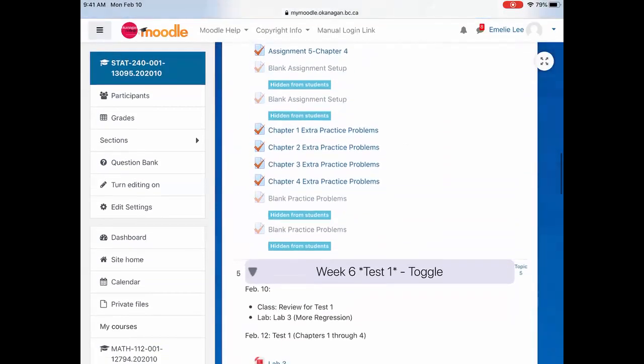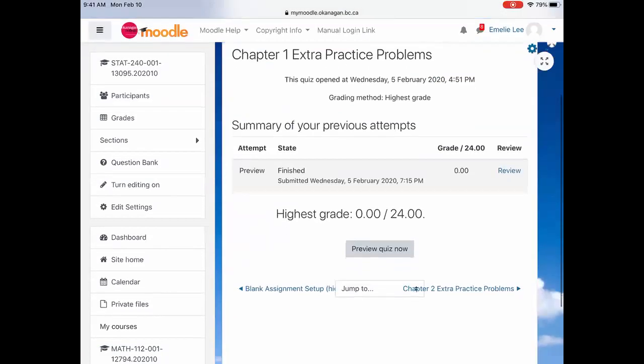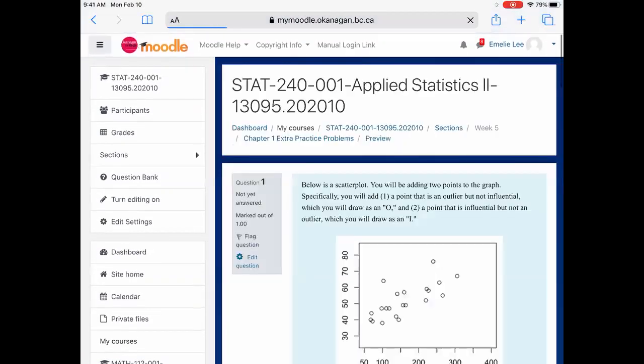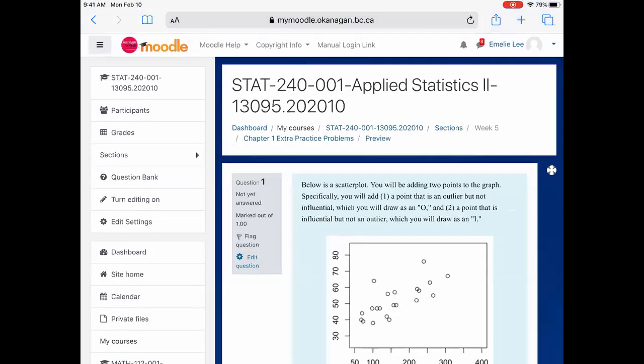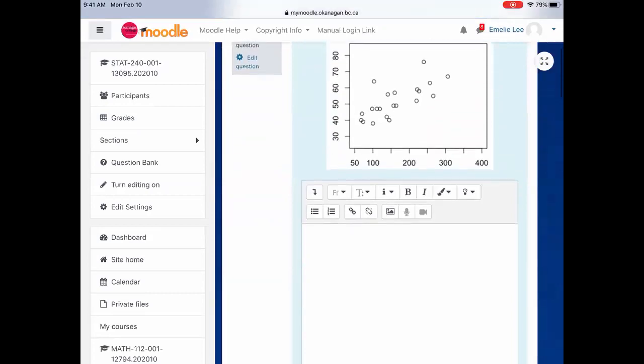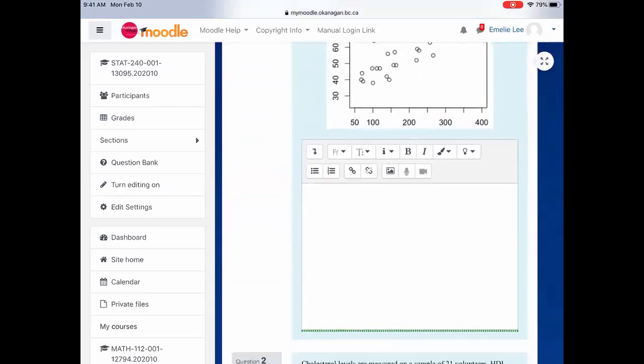the extra practice problems, say for chapter 1, this one, it says it's out of 24, there's just 24 questions. And so you can just try them, do them, see what happens. Here, and on the quiz too, there will be some of these boxes where you type in your answer and then I go in and mark it later.